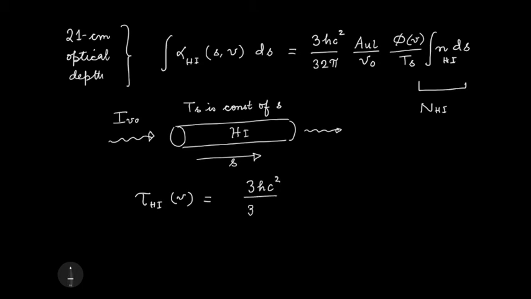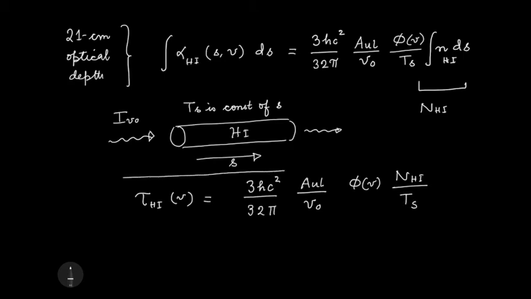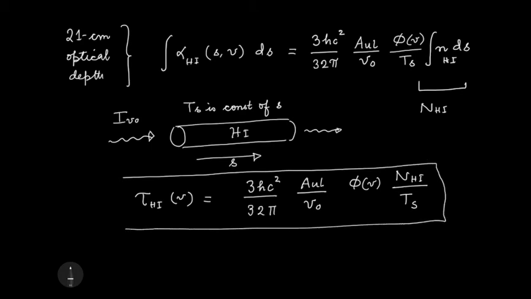So the 21 centimeter optical depth, if I write it as tau H1, is 3h c² by 32 pi, A_UL by nu naught, phi nu, and then N_H1 by T_s.